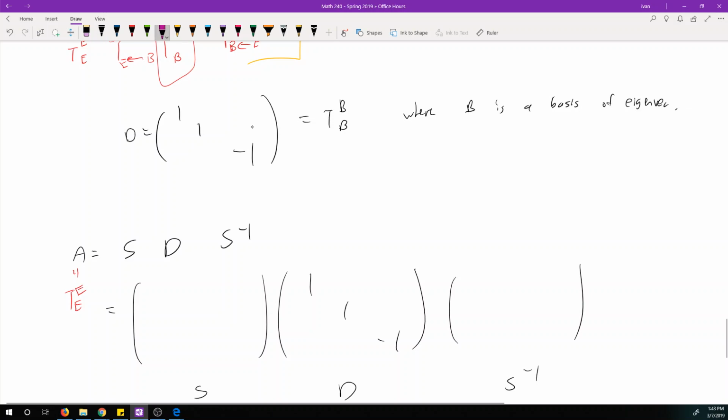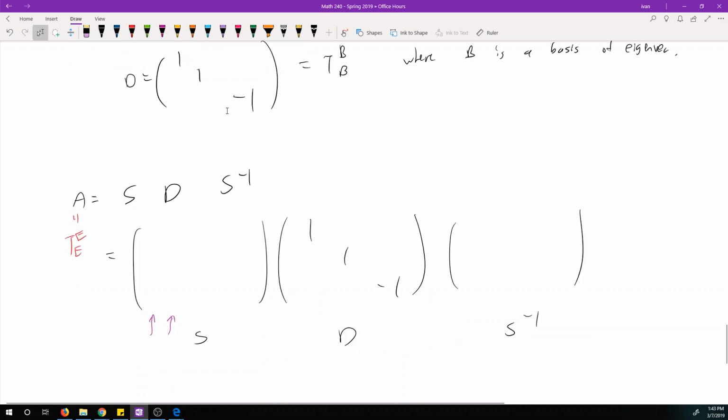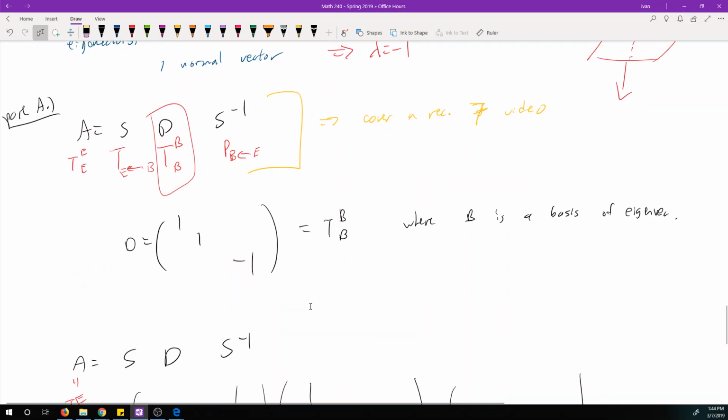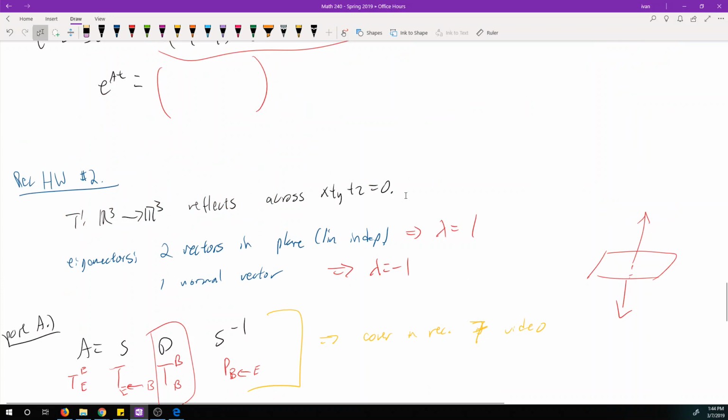The first two columns of S are in the plane, and the last column is going to be the normal vector. The normal is pretty easy, that's just 1, 1, 1. Now we need to find two vectors in the plane. Essentially all you have to do is find two things that satisfy the plane equation.